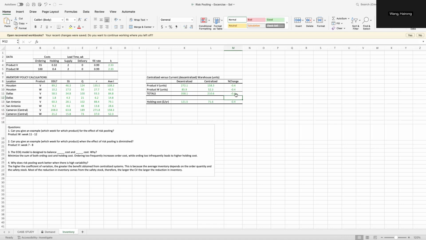So you are encouraged to calculate it on your own. If not, with rounding, it should not be exactly the same as this one, okay?